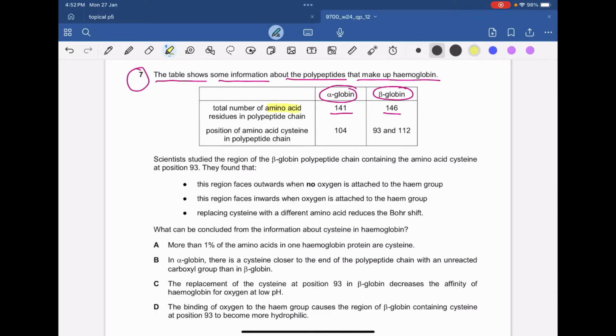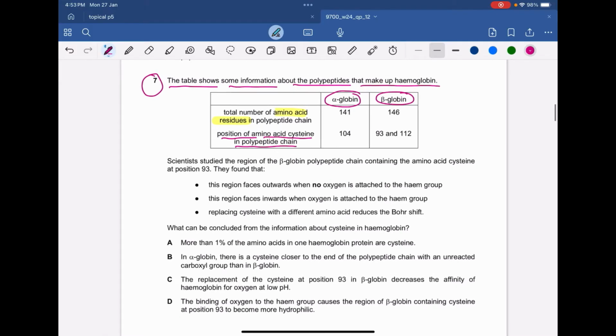Now they are giving the position of the amino acid cysteine in the polypeptide chain. Alpha globin has only one cysteine, at position 107, and the beta globin chain has two cysteine amino acids, at positions 93 and 112. So now let's see what they are asking us further in the question.